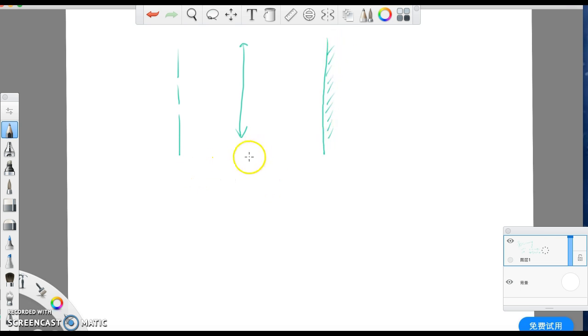It's in the focal plane, so here the distance is f. And then you have parallel rays doing that.